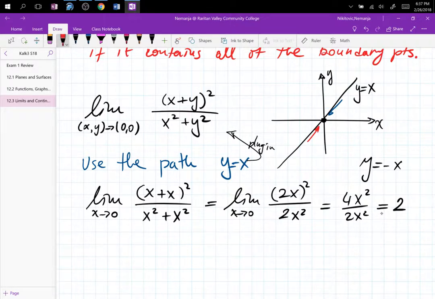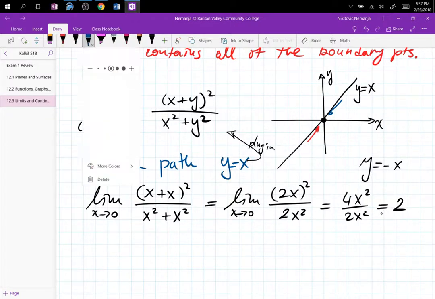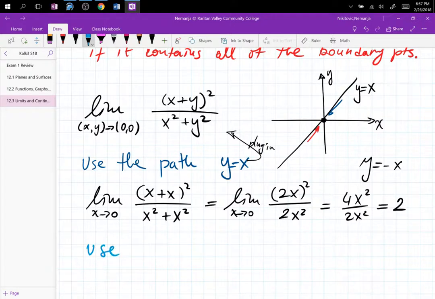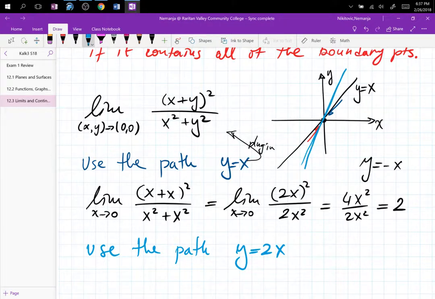Now, I'm going to use a different blue, this one. Use the path y equals 2x. So all I've done is now I am coming up with another line, it's 2x.